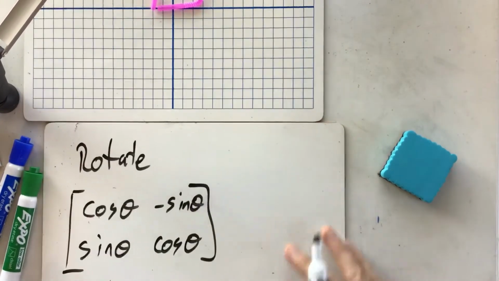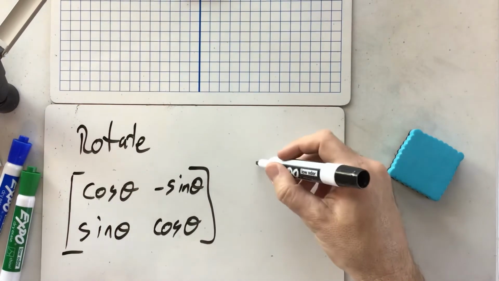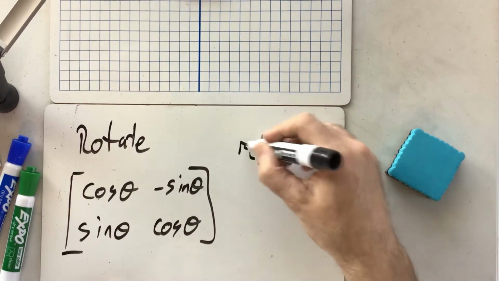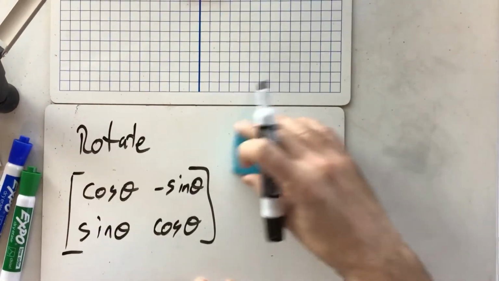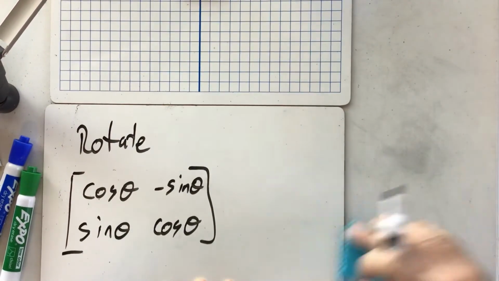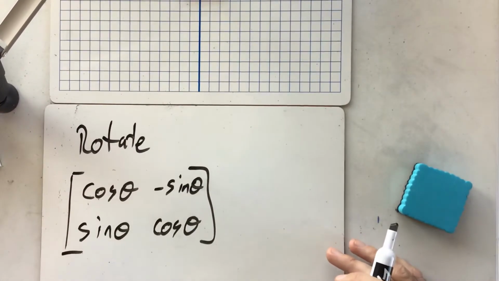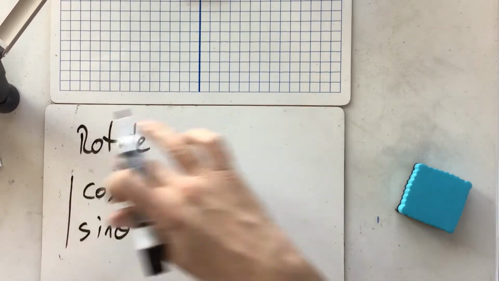So that was our rotation matrix from earlier. How did we come up with this? We came up with this by starting here, and then rotating it into a new vector here, and then letting that be theta, and then doing all of our trig calculations. It would be worth revisiting that at some point just to remind yourself of how that works. But here's the question: what is the determinant of a rotation matrix?